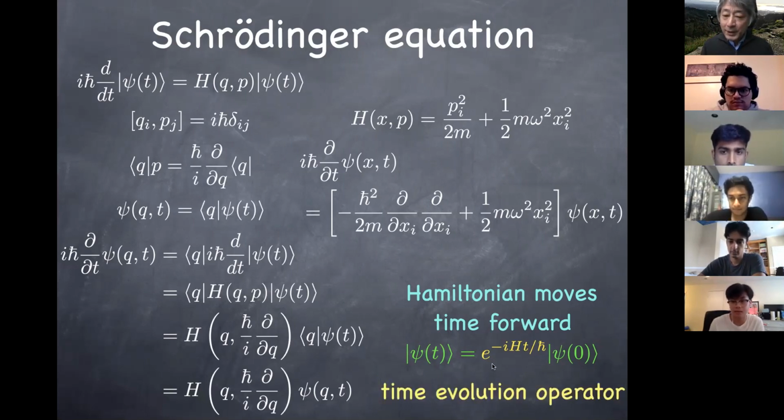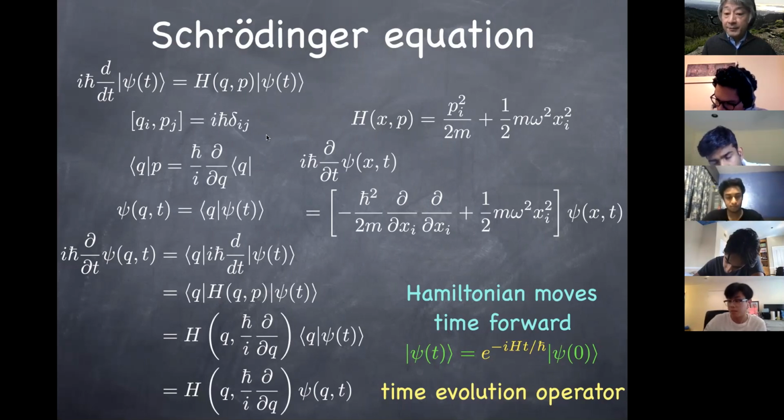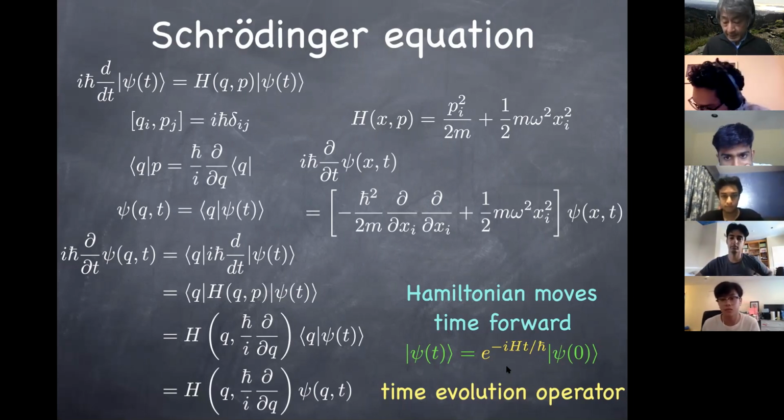Okay, so this e to the minus iHt over h bar, because of the discussion we just had, is called the time evolution operator. And therefore, the Hamiltonian operator is what gives you infinitesimal time evolution. And this unitary operator is the finite time evolution over the finite interval t.